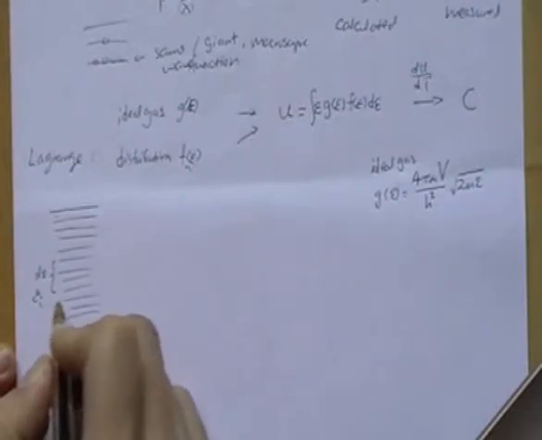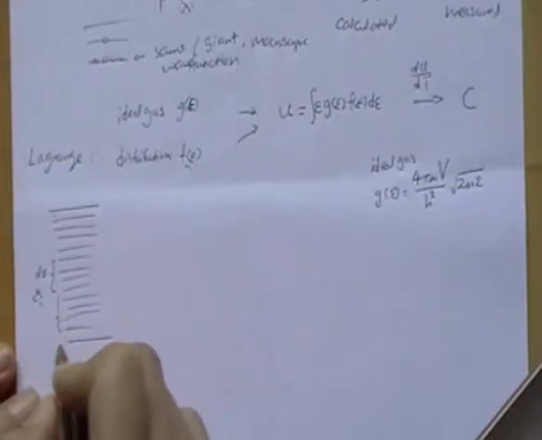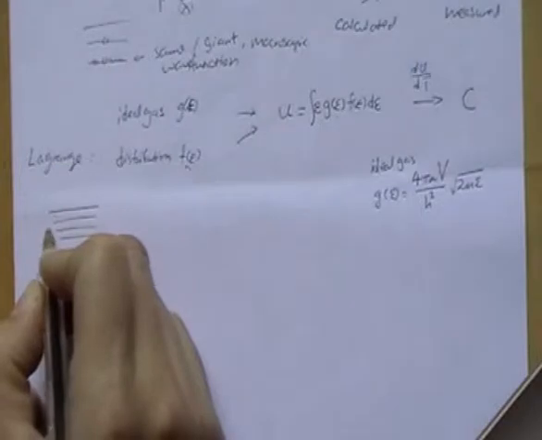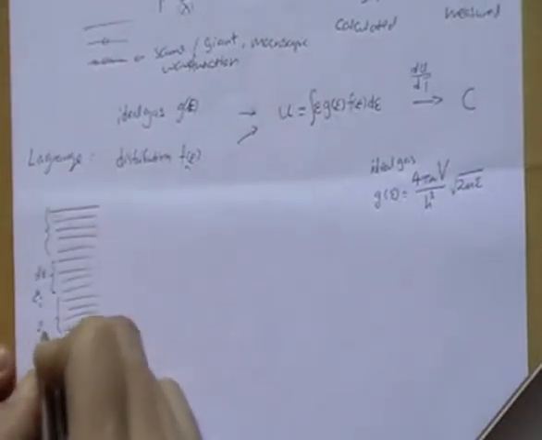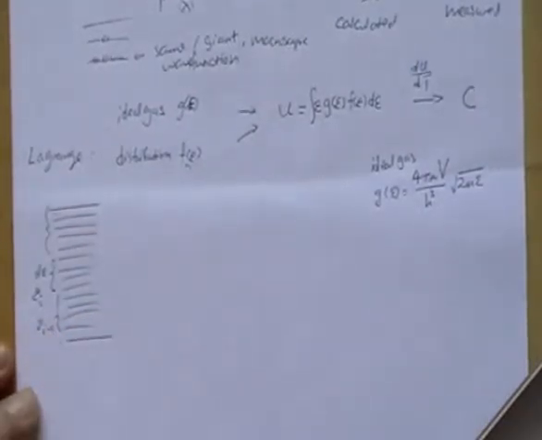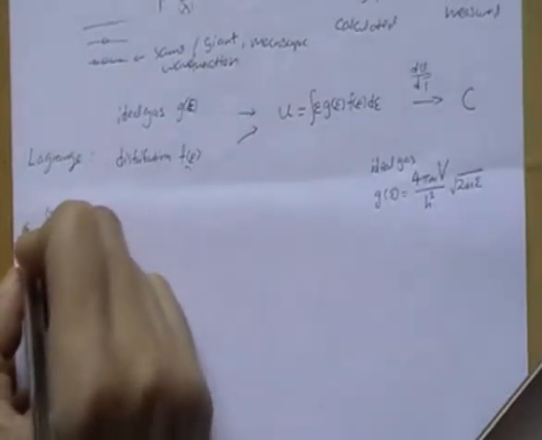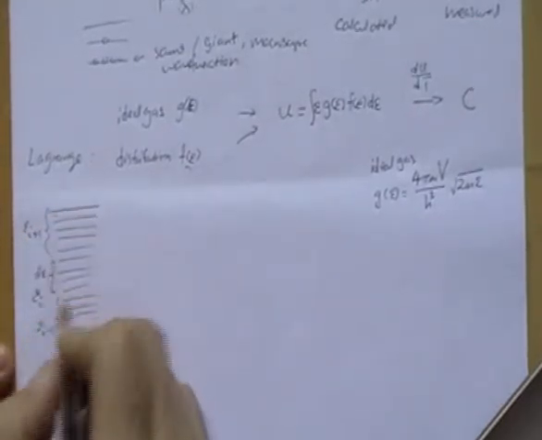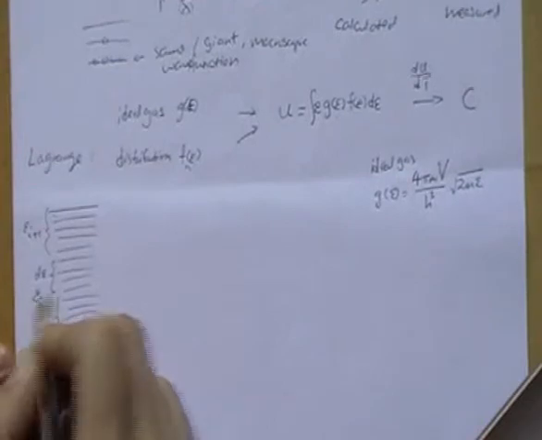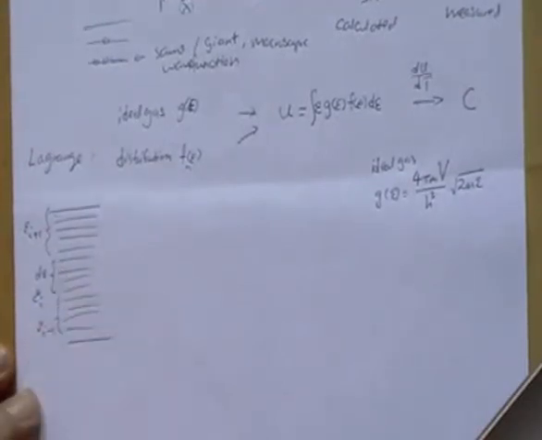I have another interval, lots of intervals above and below it. So that would be interval number i minus 1, that would be interval number i plus 1, and that's interval number i. And the energy at the center is E_i, just a small interval.